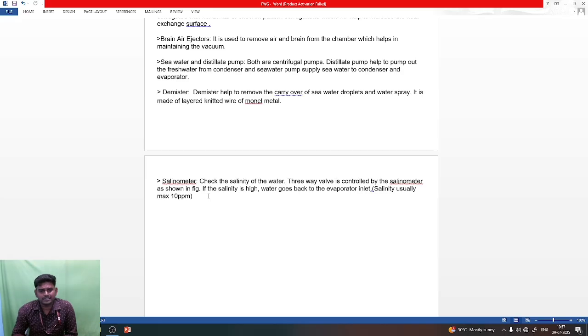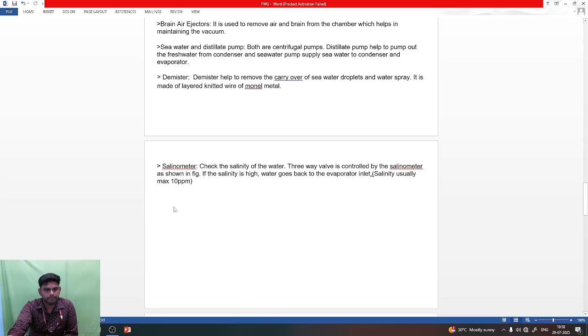When the salt level is higher, the valve opens, and the water goes either to the evaporator inlet or to the overflow. Salinity is usually a maximum of 10 ppm, and normally we get an alarm at 3 to 5 ppm.